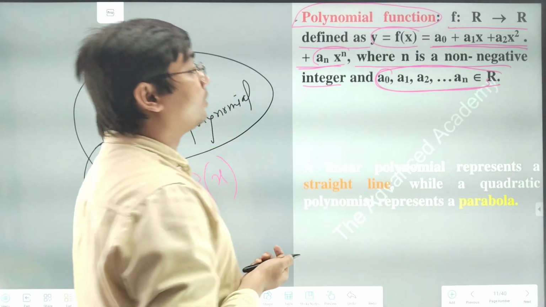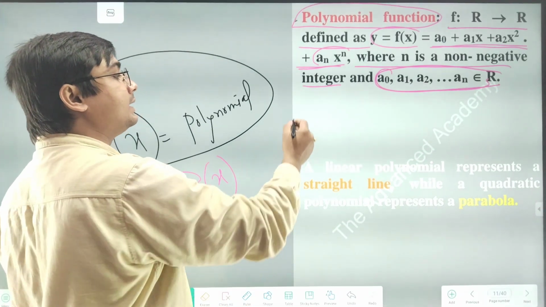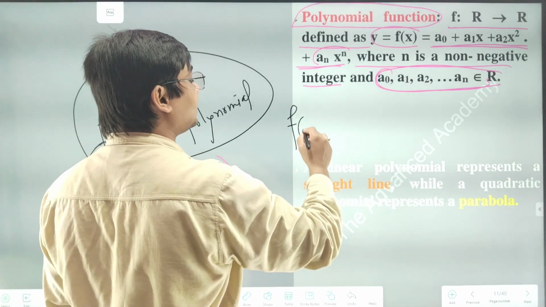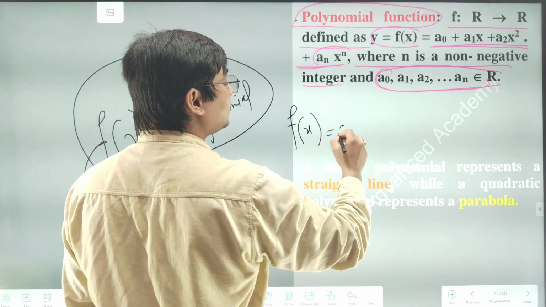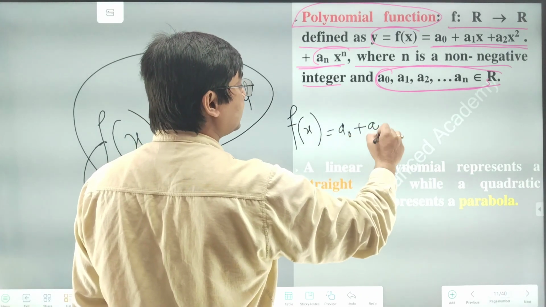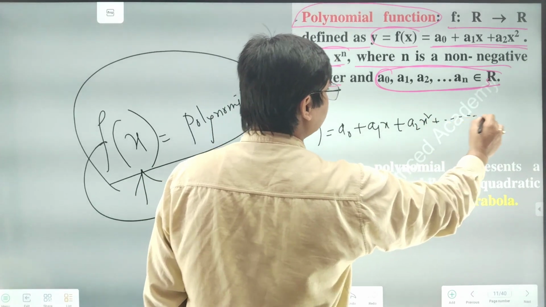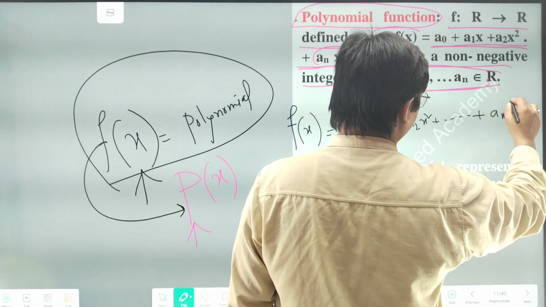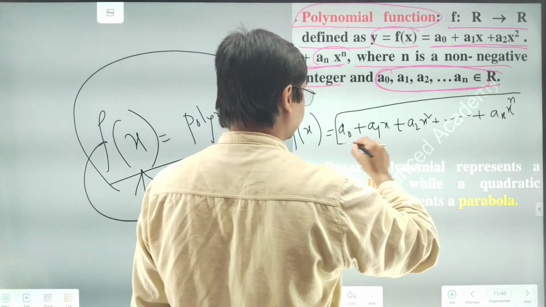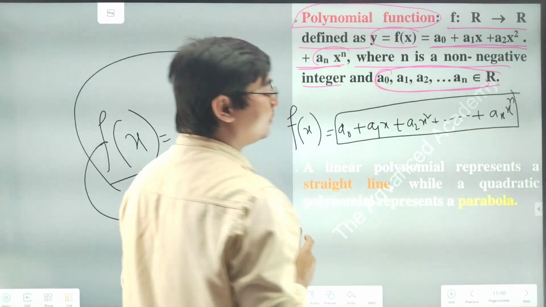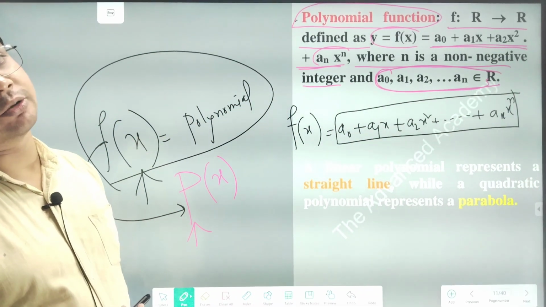This function is called a polynomial function. You see, x was given, and here a naught plus a1x plus a2x square and so on up to an x to the power n. This is a polynomial of x. So this is our polynomial function.